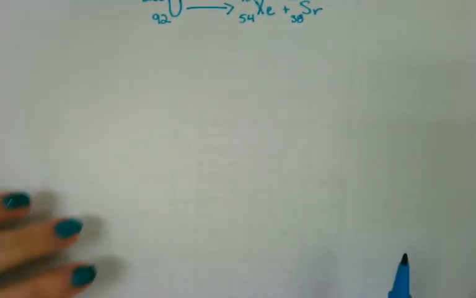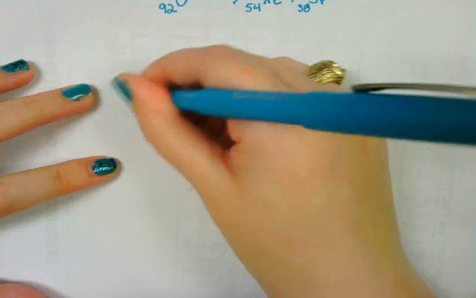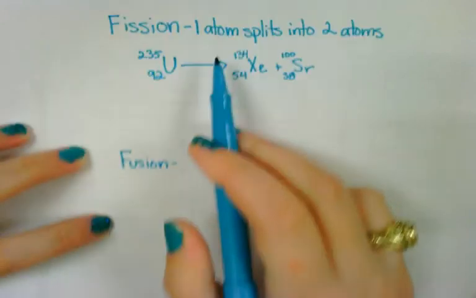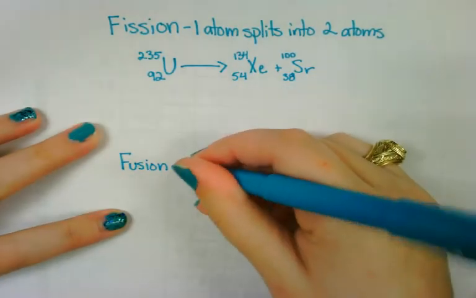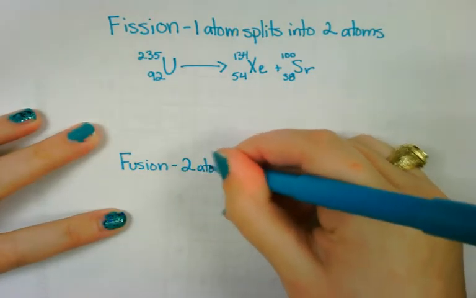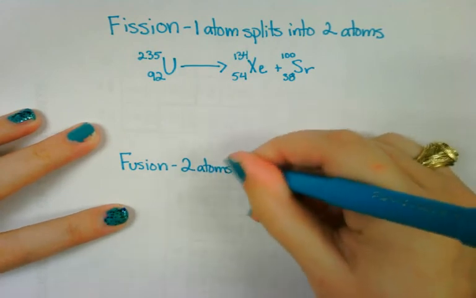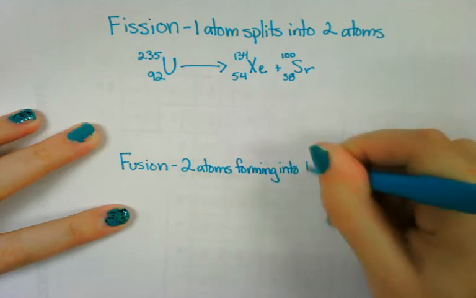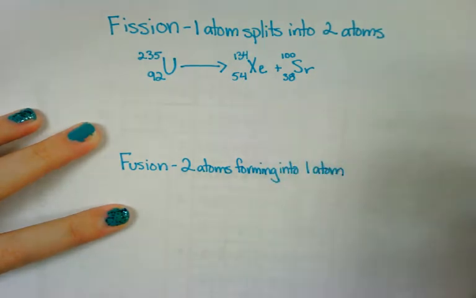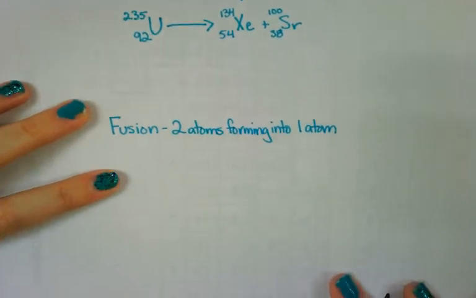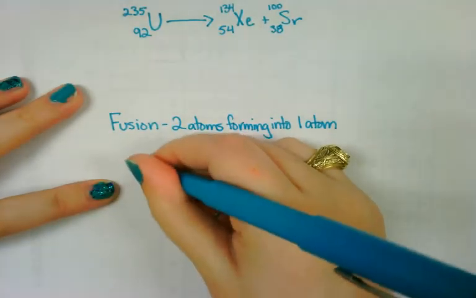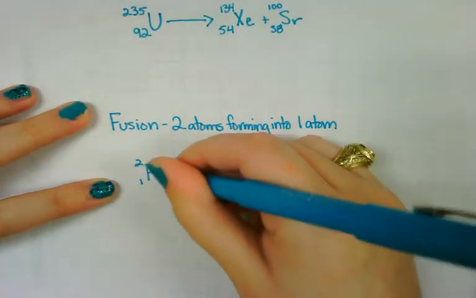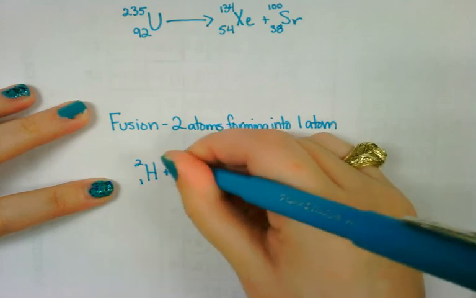Whereas fusion is as its name suggests. Instead of one atom splitting into two, we're going to have two atoms forming into one atom. So we could have hydrogen, the mass of 2 and a charge of 1, and then another hydrogen, but this time with a mass of 3 and a charge of 1.